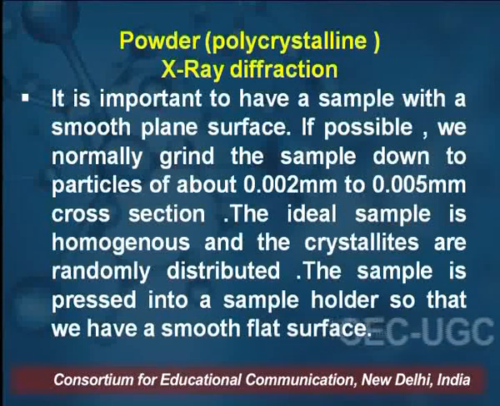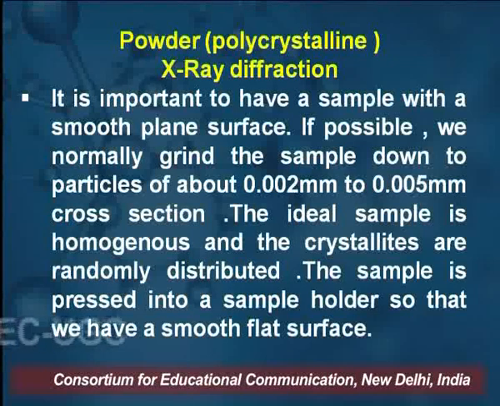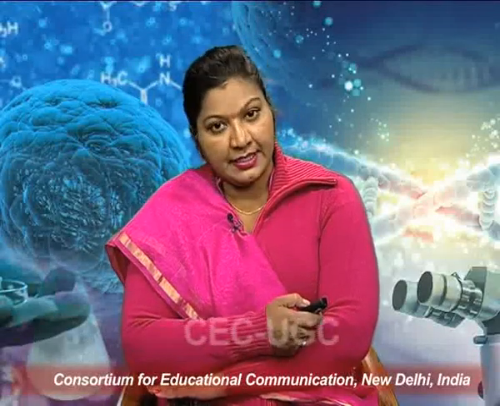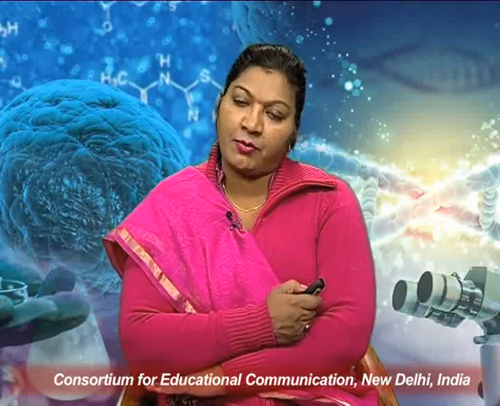Basically, there is a plate to hold the sample, and this powder is pressed with the plate of the sample holder, so that we can have a smooth flat surface and we can easily get the characterized form of the material.